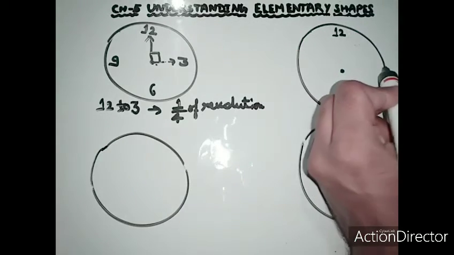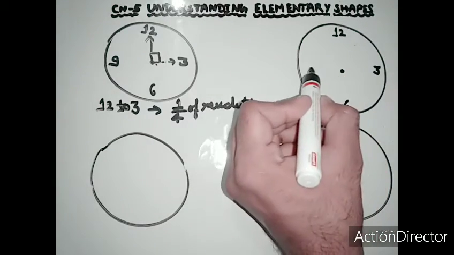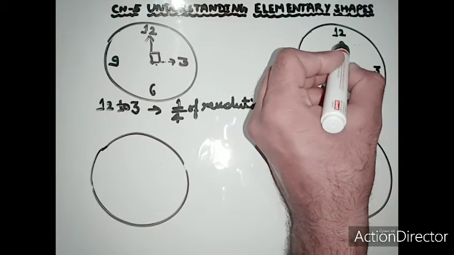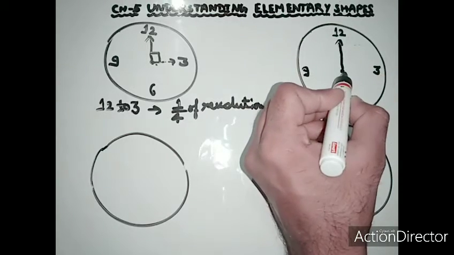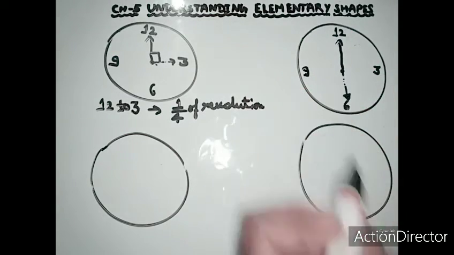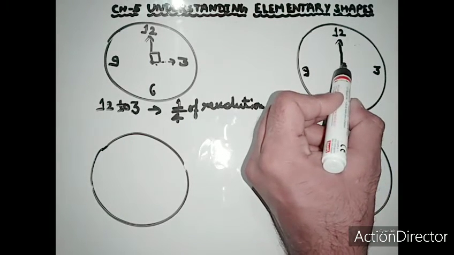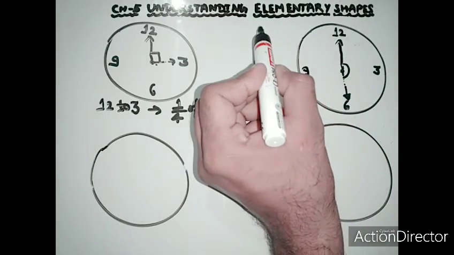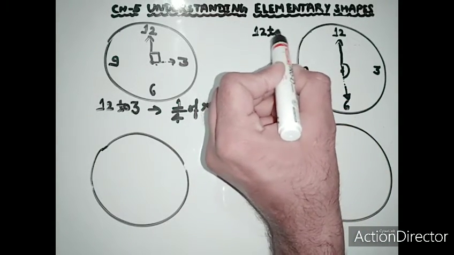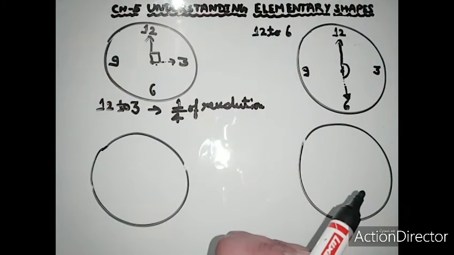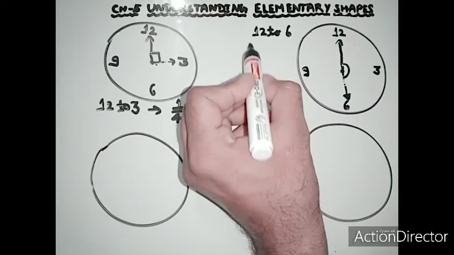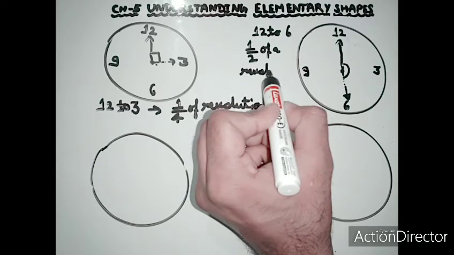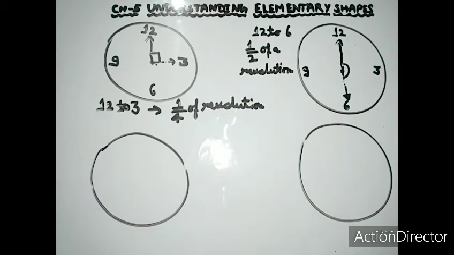Here we write 12, 3, 6 and 9, right? Now when the minute hand moves 12 to 6, it forms a 180 degree angle here, and 12 to 6 means 1/2 of a revolution, right?